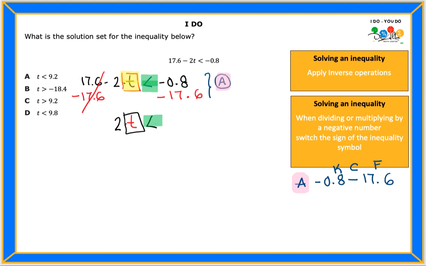Now, I want you to notice something. This is subtraction, right? And this number here is negative. That's why I put it in red. It is negative. But the 17.6, if I don't look at the minus, then this number is what? It's positive. Okay, great.